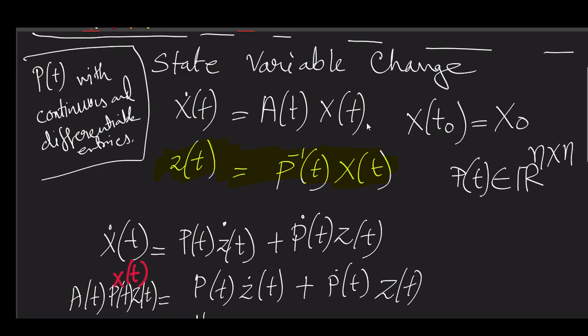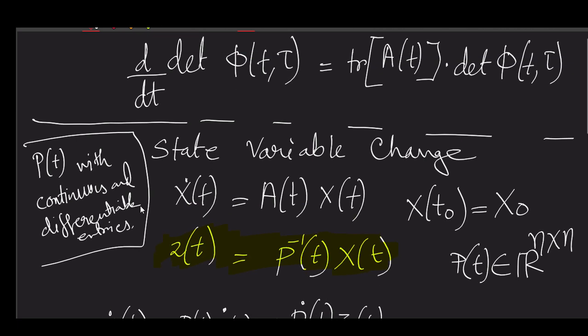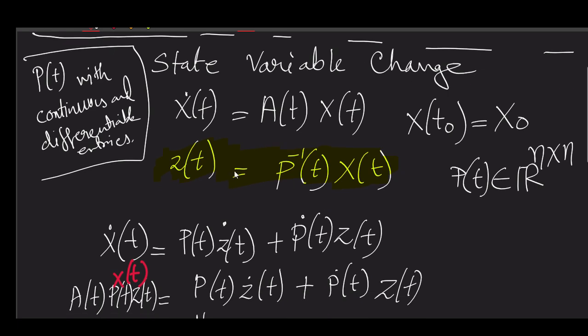Well, now what we can do is that if we now write x dot t, x dot t is what? Alternatively, you can write x(t) is equal to P(t) z(t).